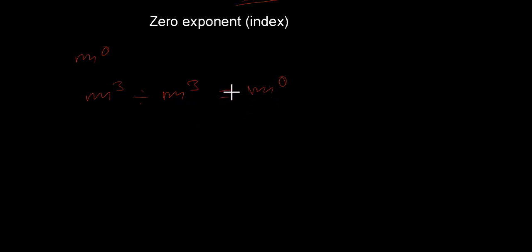Okay, so in this particular case, we know that m to the power 3 divided by m to the power 3 is equal to 1.